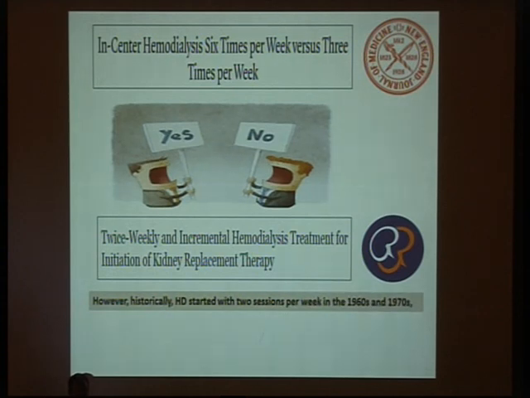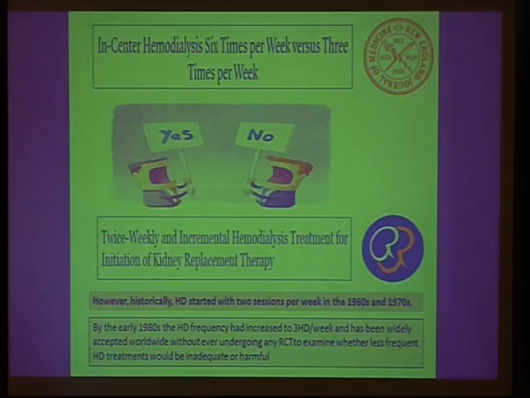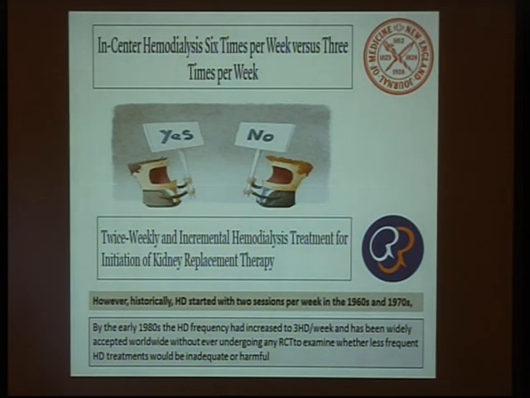However, historically, hemodialysis started with 2 sessions per week in the 1960s, and it changed in the early 1980s to 3 hemodialysis sessions per week, and this has been widely accepted worldwide without ever undergoing any randomized controlled trial to examine whether this less frequent hemodialysis treatment was inadequate or harmful.